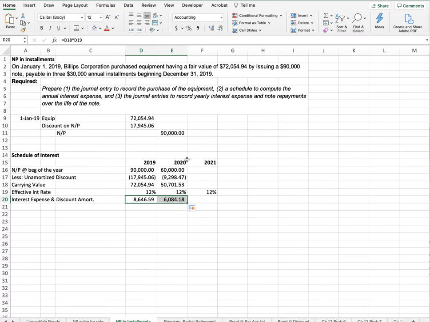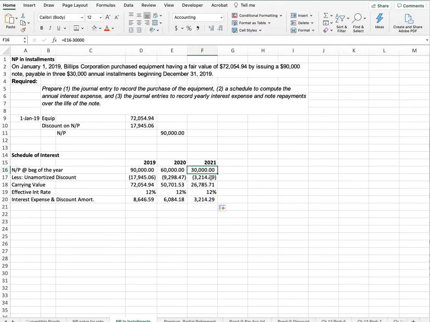So in 2020, we have an interest expense of $6,048.18. And now we actually should be able to drag all of this over. So let's see what happens. So now the notes payable at the beginning of the year is $30,000, which makes sense because we're going to pay it off this year.